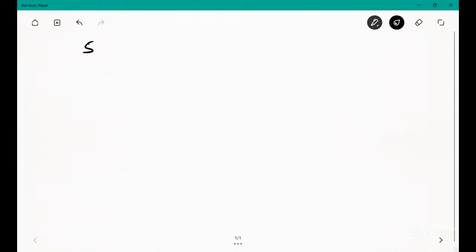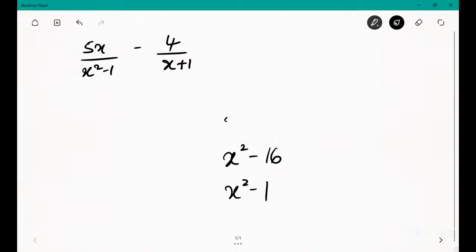So 5x over x squared minus 1 minus 4 over x plus 1. This is another tiny part that they give. Here, when you expand this x squared minus 1, any fraction like x squared minus 16 or x squared minus 25, the x squared is for itself.